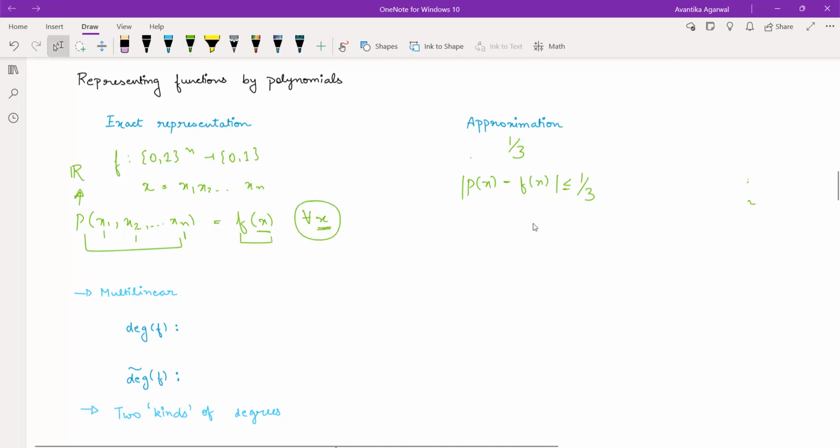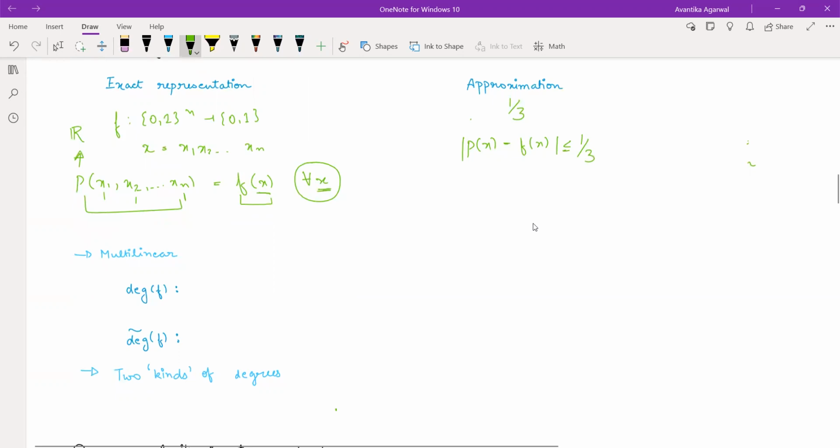And just to keep things clear, I would like to point out that this polynomial in general can be assumed to be multilinear. Suppose this polynomial p(x1, x2) is something like x1 squared plus x1 x2 plus 1 minus x1.